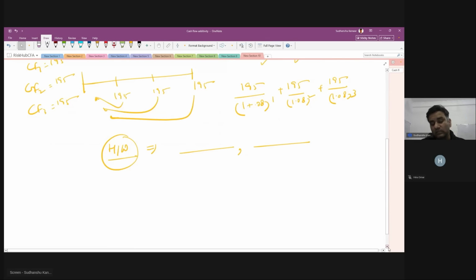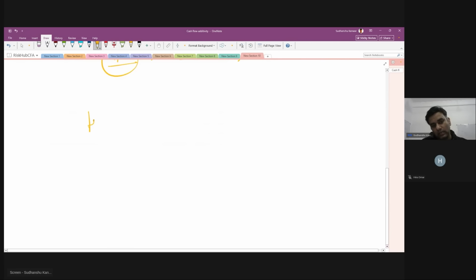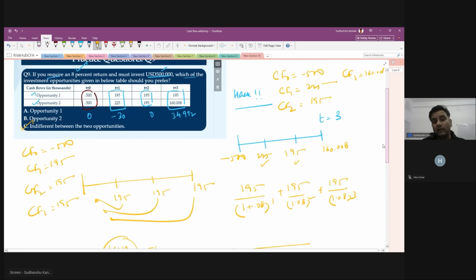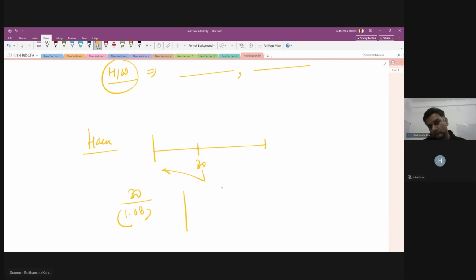The hack I was trying to put across was the differences. I was saying that okay, 30 is coming here. If I take 30 discounted by 1.08, that was one. And another one was the difference, 34.992, divided by 1.08 cube, right?